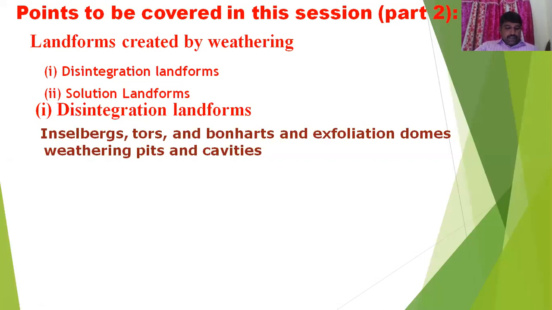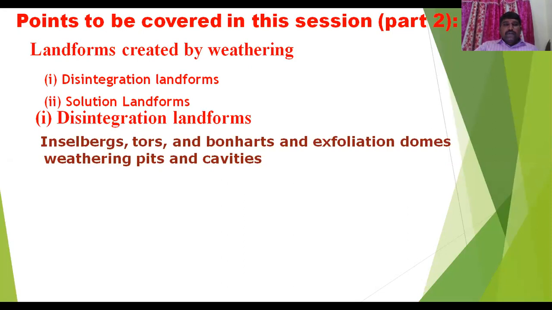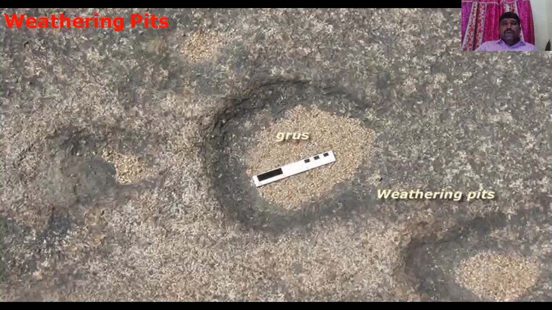The next is weathering pits and cavities. The weathering pits are depressions created where water ponds in irregularities on rock surfaces. The trapped water localizes chemical weathering and granular disintegration.